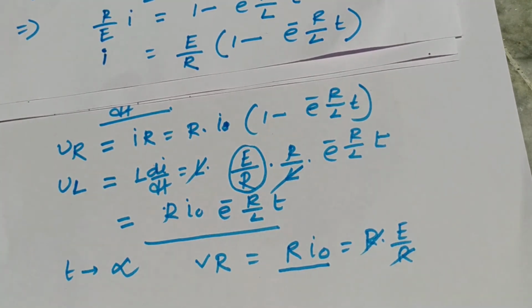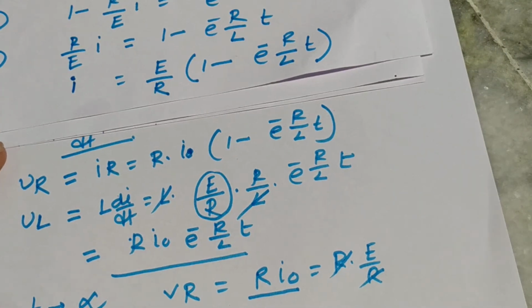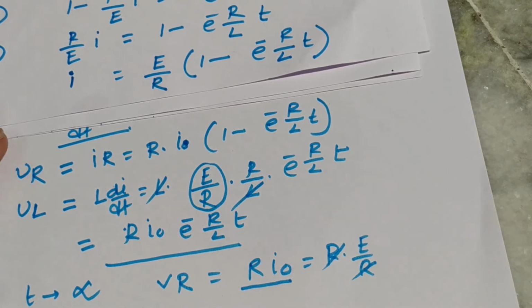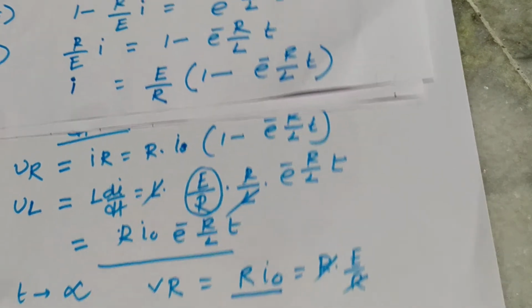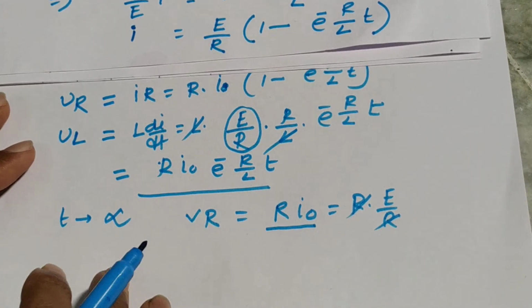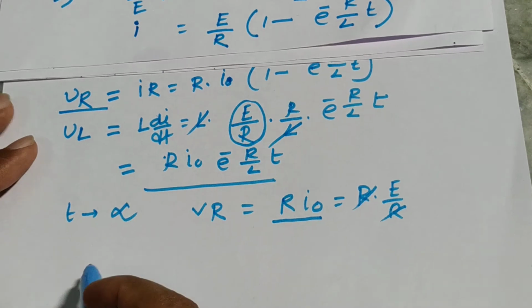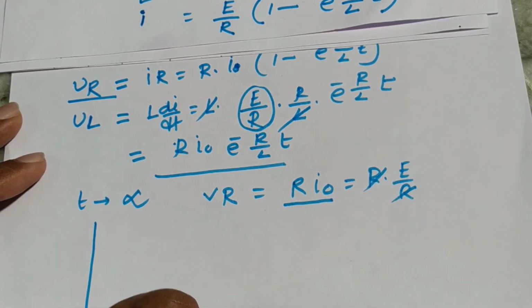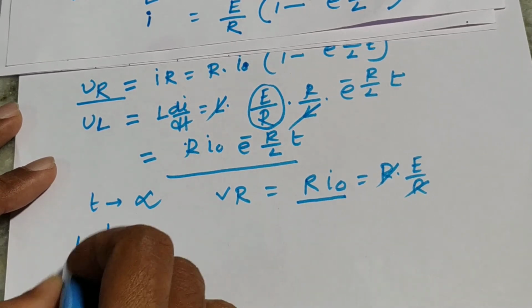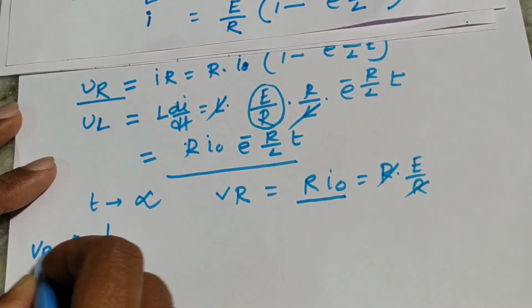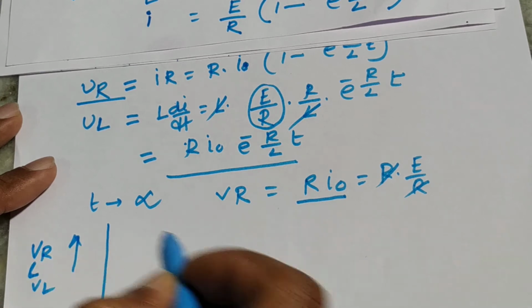Now I will show you the graphical variation of the voltage drop across the resistance and inductor. The x-axis represents the time axis, and in the other axis VR or VL. Okay.